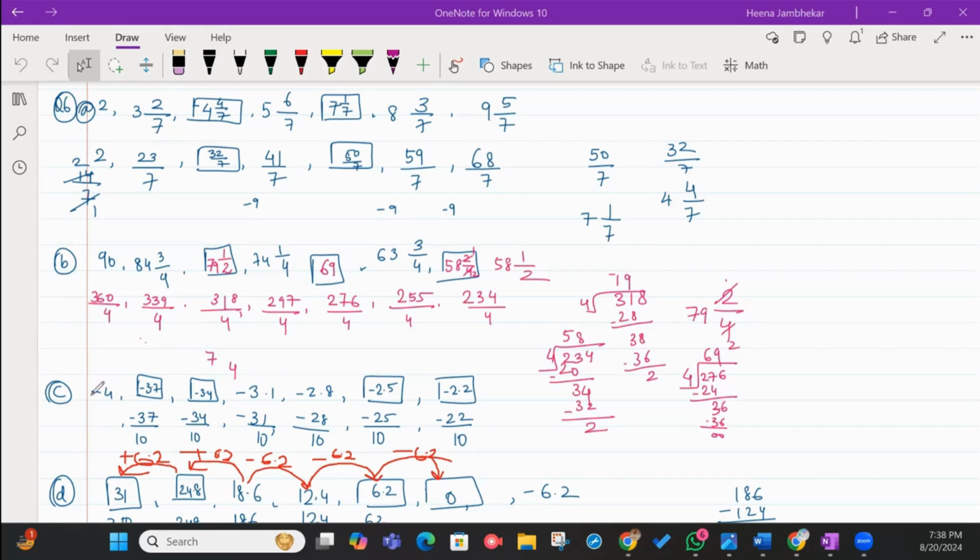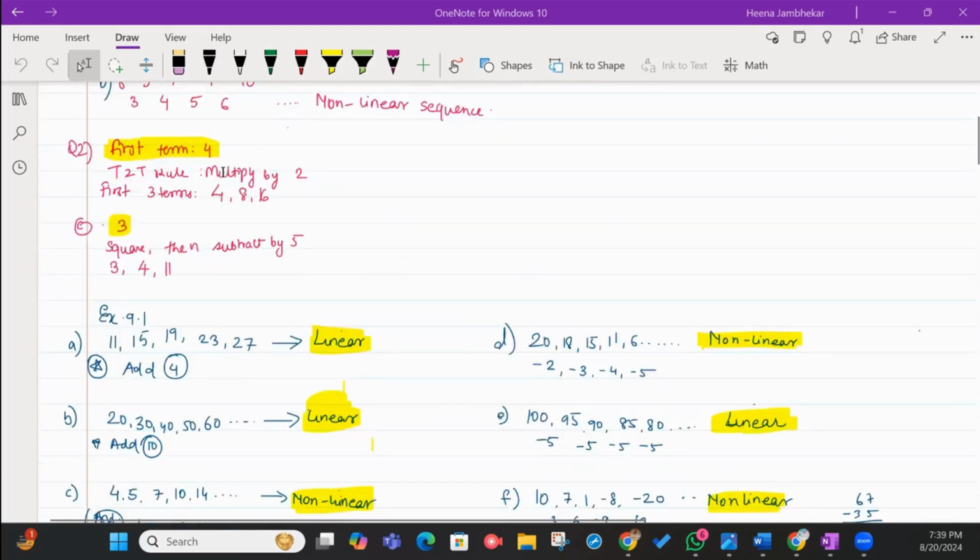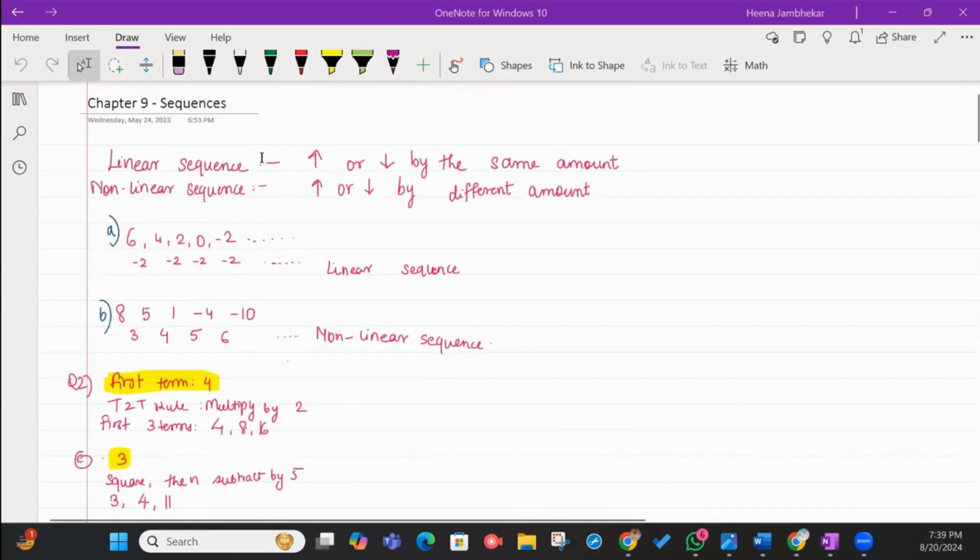No problem. You just have to remember one thing, Sneha. If the difference is the same between two terms, then it is called linear. If the difference is not the same, then it is non-linear. For example, for you all it will be a recap. In a linear sequence, if it is increasing or decreasing by the same amount, then it is called a linear sequence.